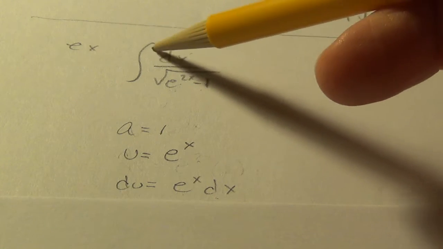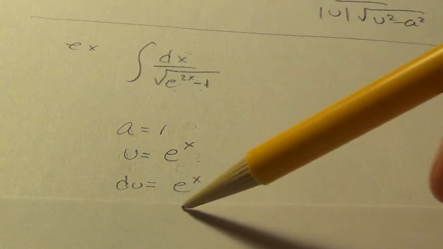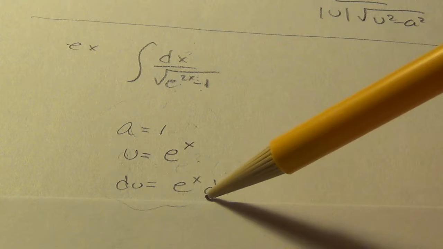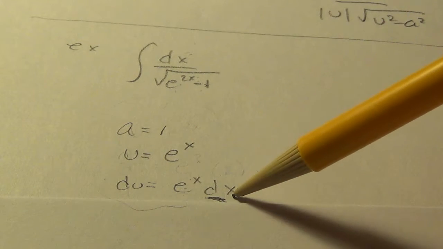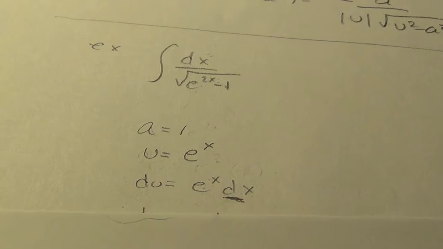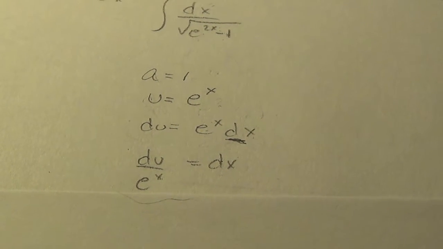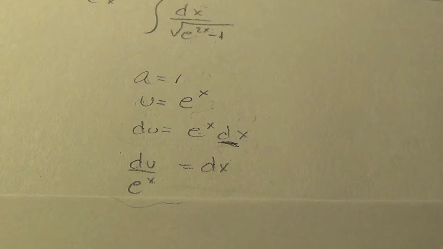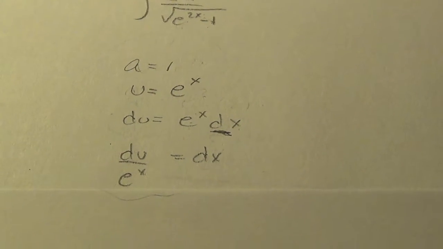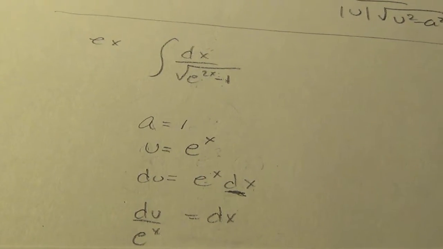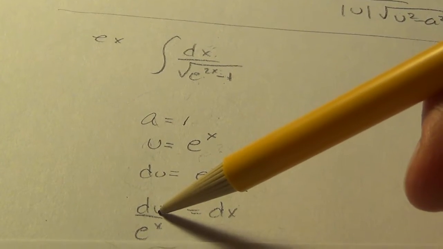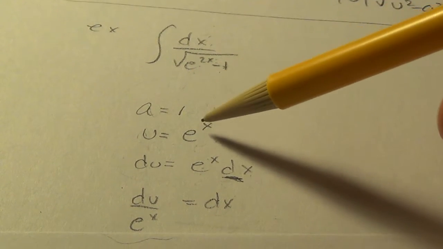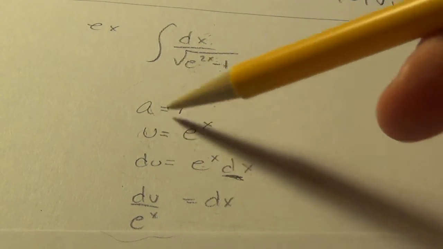And what am I going to put up here for dx? Well, I don't see dx exactly, but I see a du here. So I'm going to solve this expression for dx so I can make a complete substitution. Divide both sides by e to the x, and now I have an expression for dx. So now I can substitute dx with this expression, and I can substitute everything else with these.